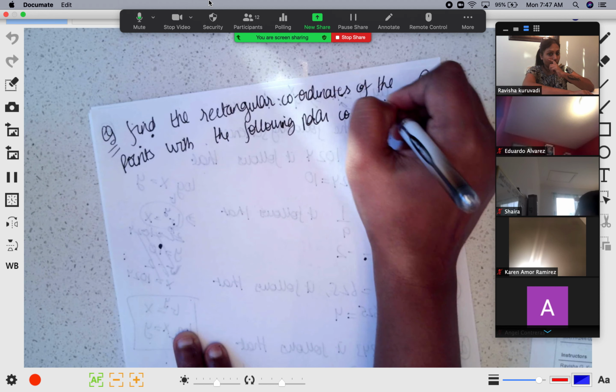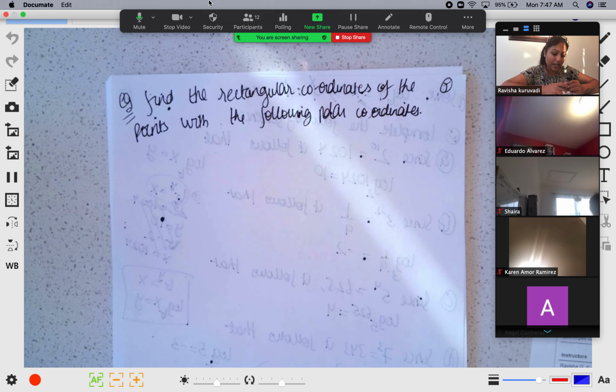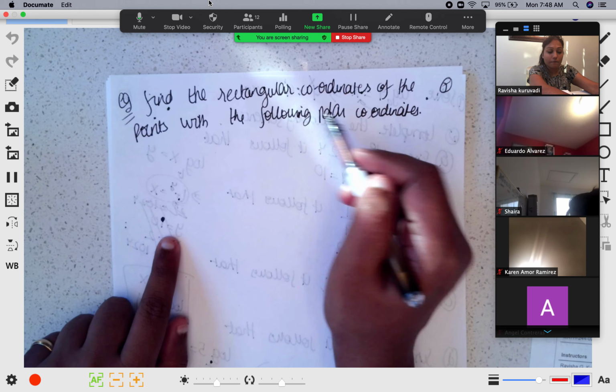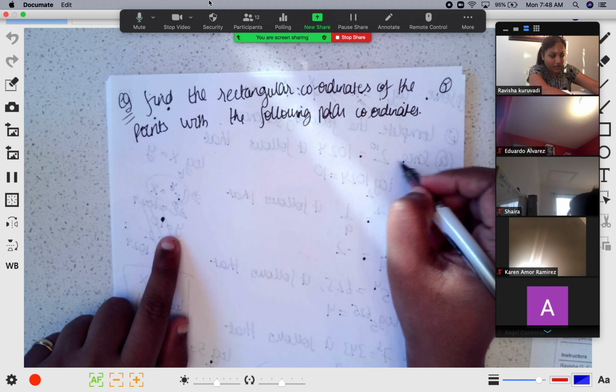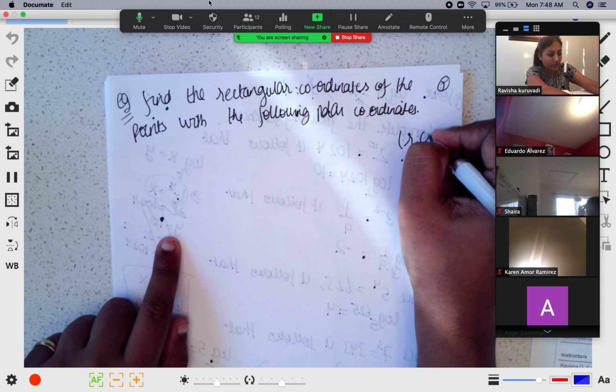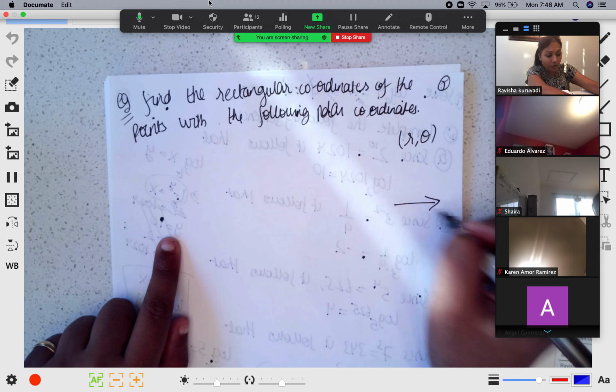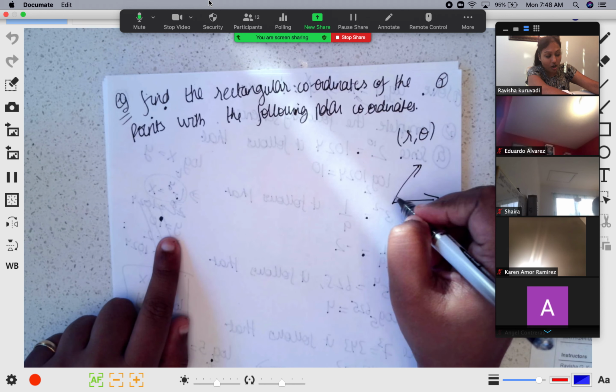Do you know the difference between polar coordinates and rectangular coordinates? When plotting polar coordinates, which are r, theta, first you need a polar axis, then you mark the theta, and whatever your r is, you mark that point.